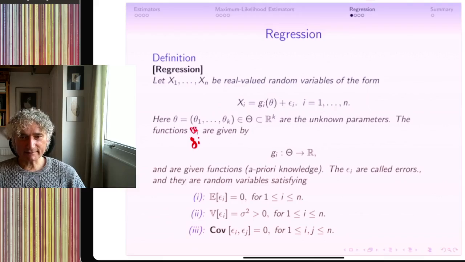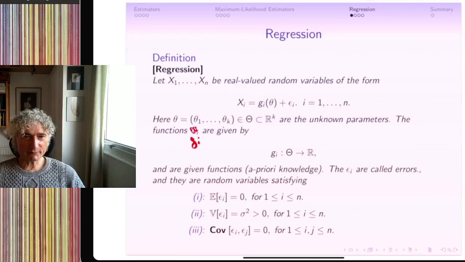Second, the variance of these error terms is given by some positive and finite number sigma squared. And third, the covariance between two given errors is 0.